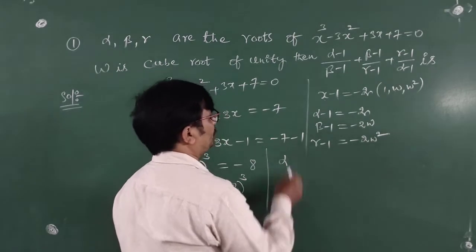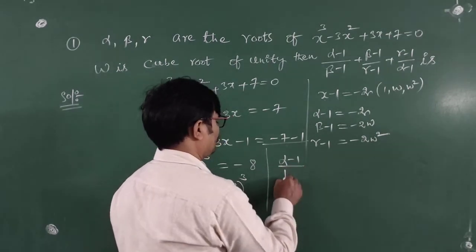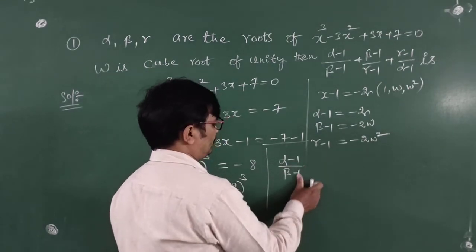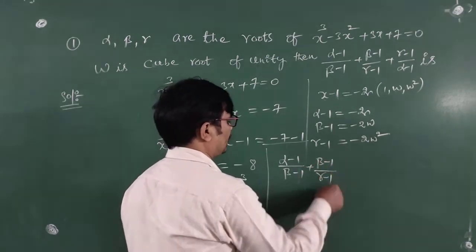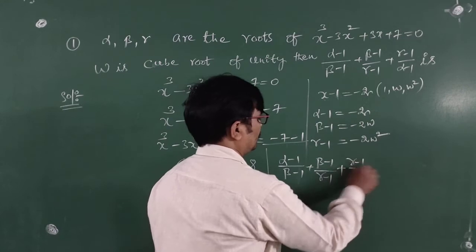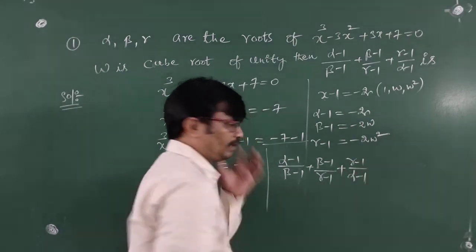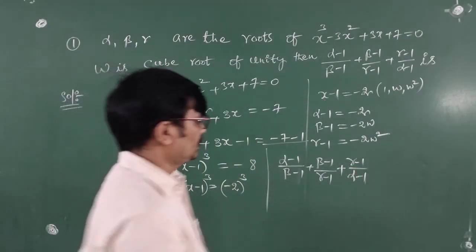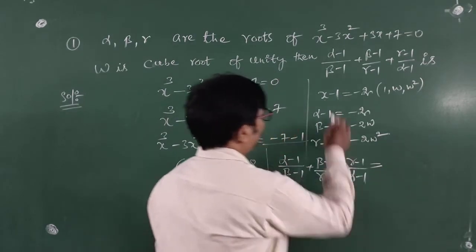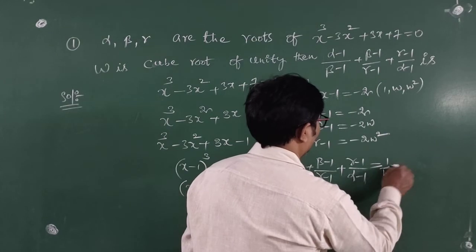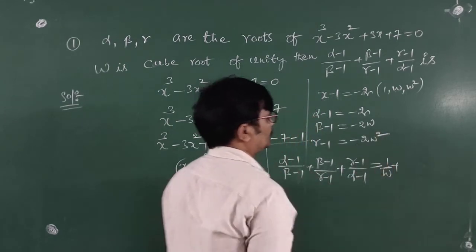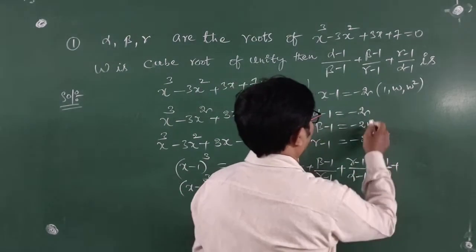The value of (alpha minus 1)/(beta minus 1) plus (beta minus 1)/(gamma minus 1) plus (gamma minus 1)/(alpha minus 1). So this, alpha minus 1 by beta minus 1, is 1 by omega.